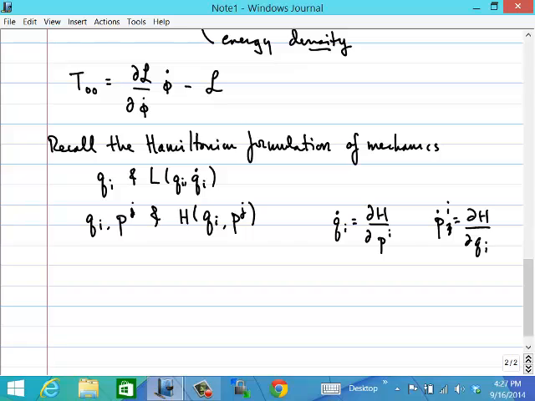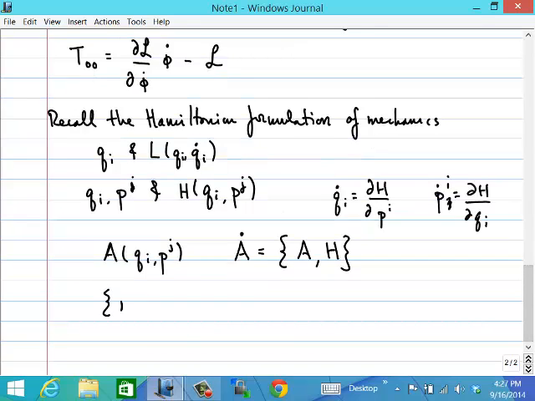Or, more generally, an observable of the theory is some function A of the q's and p's, which obeys an equation of motion that says A dot is the Poisson bracket of A with the Hamiltonian.